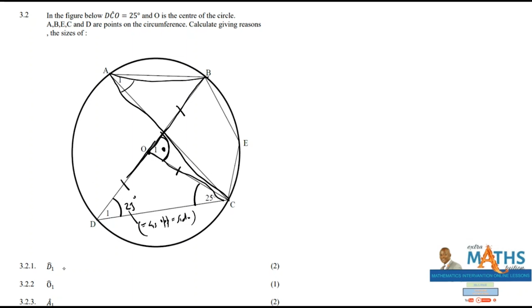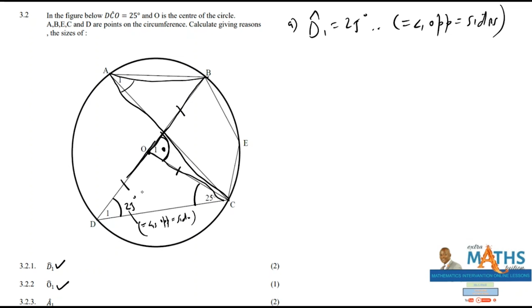Problem number 1 says, calculate the size of D1. We said D1 is equal to 25 degrees. Why do we say so? Because it's equal angles, opposite equal sides. Show that 25 degrees on your diagram.